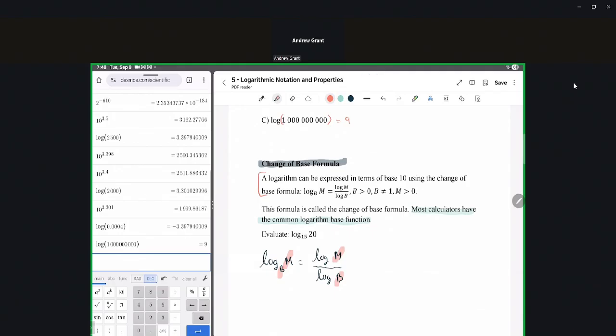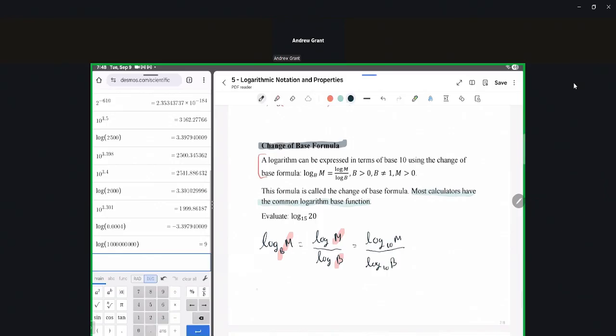And it should be noted that when we talk about these things, these are log base 10 of capital M and log base 10 of capital B. We just don't write the base 10 there instead. So what does this become? Well, we have log base 15 of 20 is equal to log of 20 divided by log of 15.